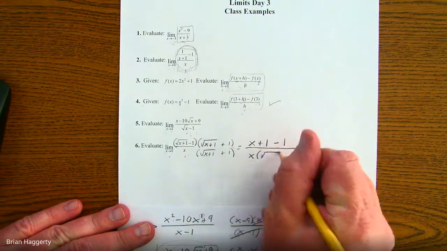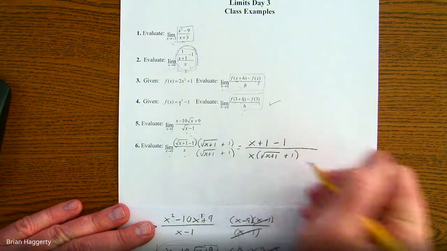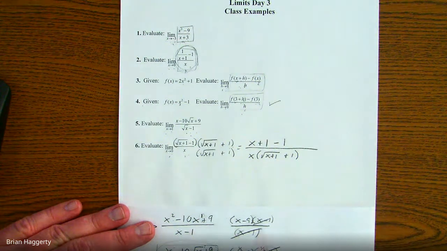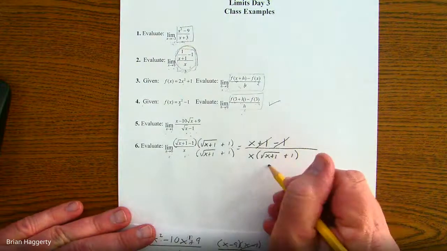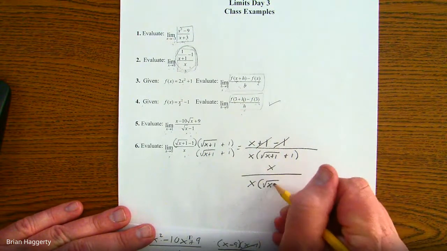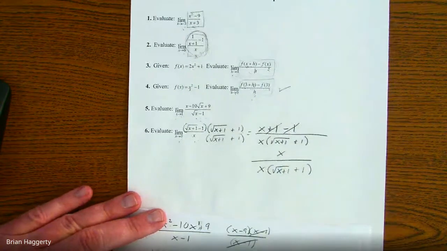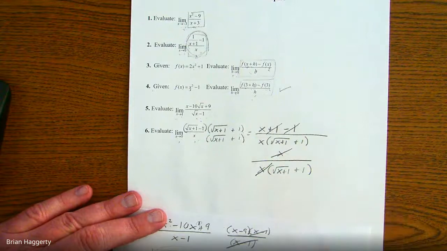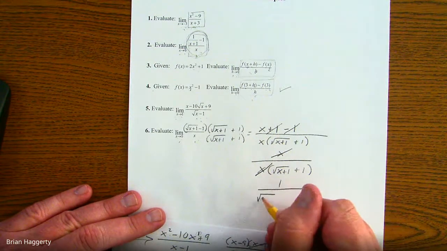The bottom, we're not going to do anything with just yet. Up top, positive 1 and negative 1 cancel. So now we have x over x times that binomial. That cancels with that, leaving 1 over that binomial.